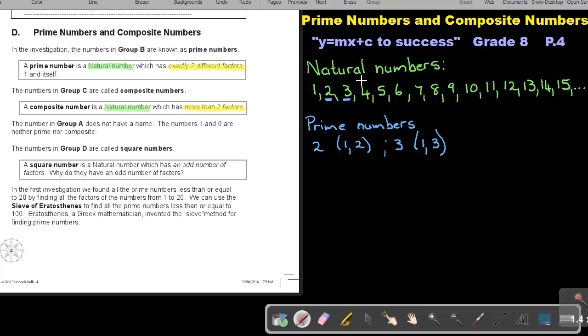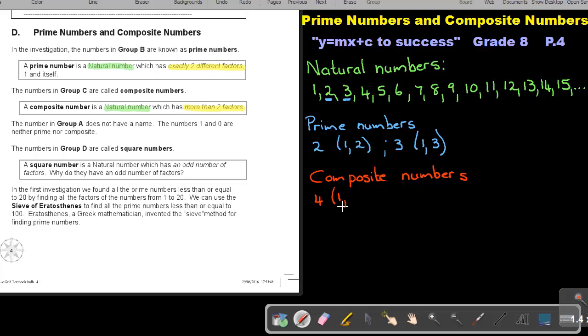Now, let's continue to the number 4. Now, I just want to write here for you composite numbers. If you look at the number 4, what will be the factors of 4?